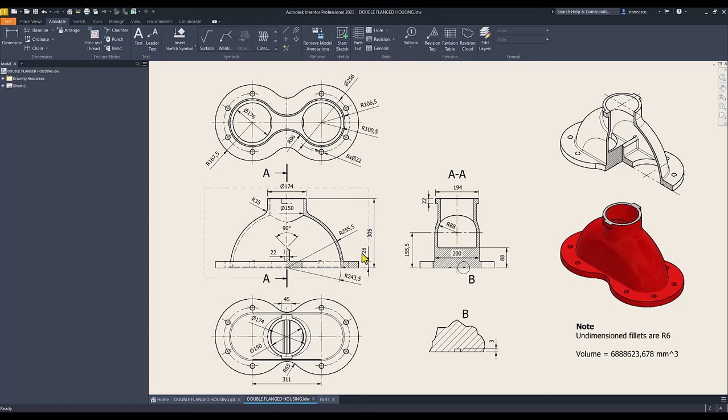The thickness is 28. We don't forget the holes. The holes are 176. Okay.